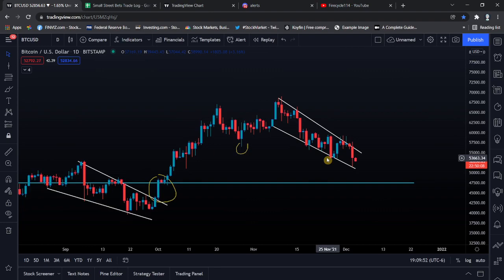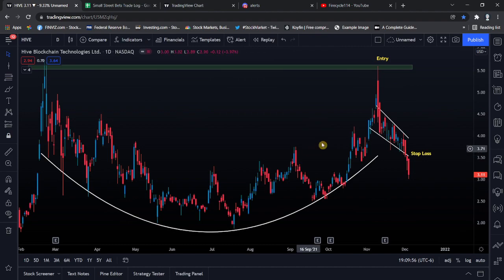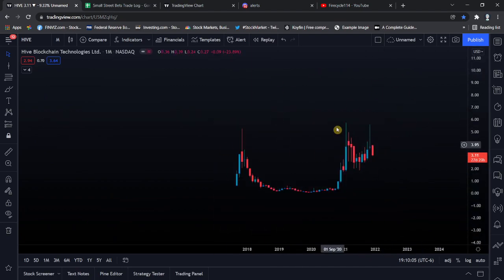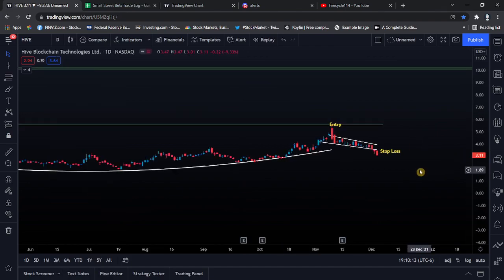Hive wasn't holding that level, and overall great stop loss. I'm not sure, but this might be a later play into the future, just keeping an eye on it. The monthly still looks good, but overall Bitcoin doesn't look too good, and it looks like we're actually bearish on Bitcoin.